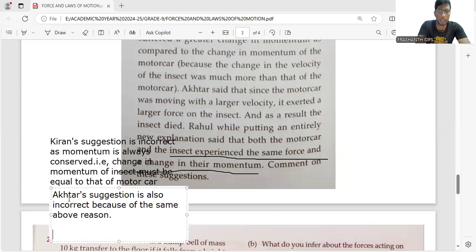But finally, who is the last guy? Rahul. Rahul's suggestion is correct. Why is it correct?